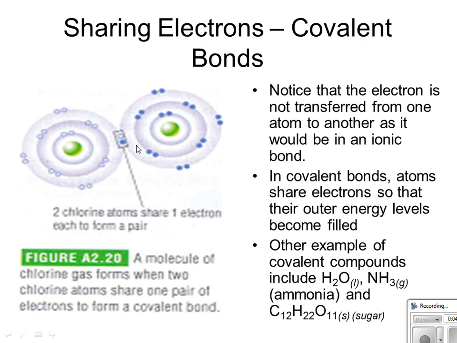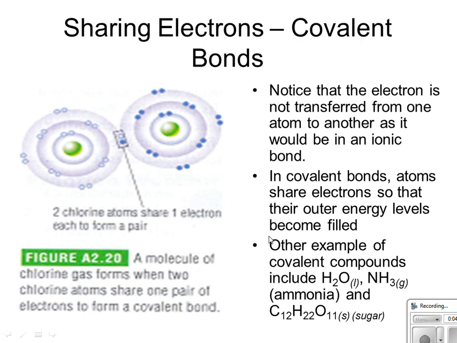you can see that from this atom of chlorine and this atom of chlorine, they each share an electron with each other. So now we have 2, 4, 6, 8 in this shell, and then we have 2, 4, 6, 8 in this shell. And so they both have 8 now in their outermost shell, and they're in the most stable form they can be.